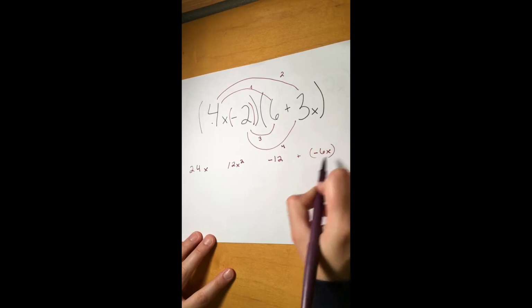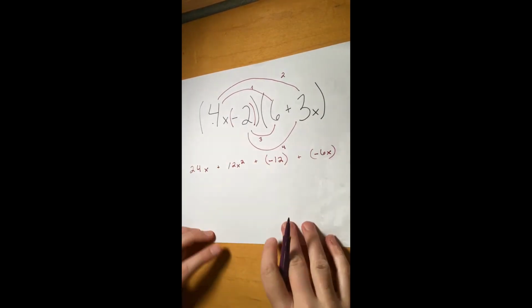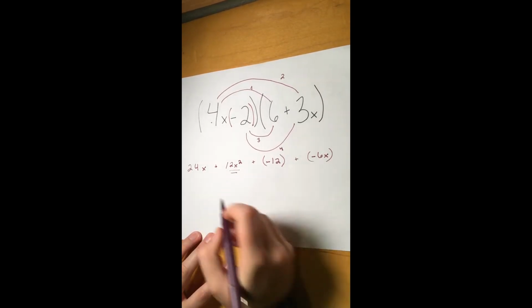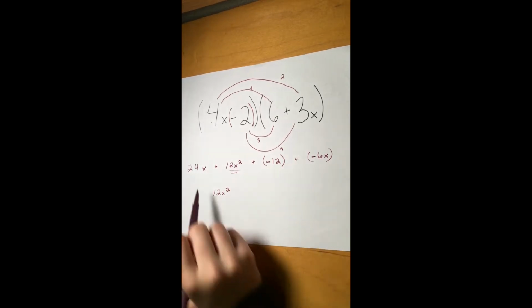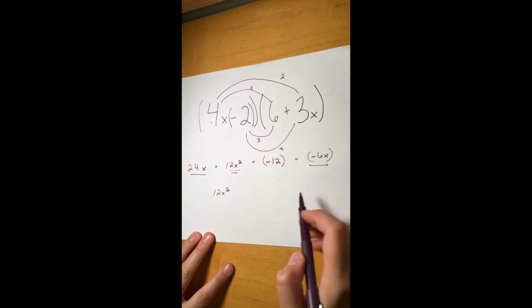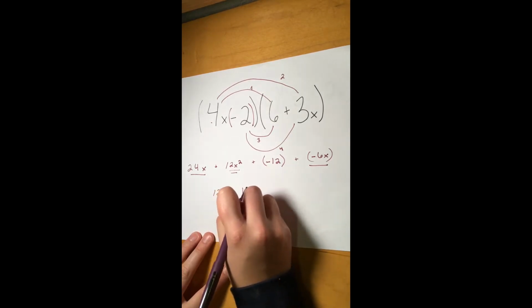Put in your pluses. Don't forget to keep your signs. And then combine. The only x squared we have is right here, so 12x squared. Then we have single x, 24 minus 6 is 18.